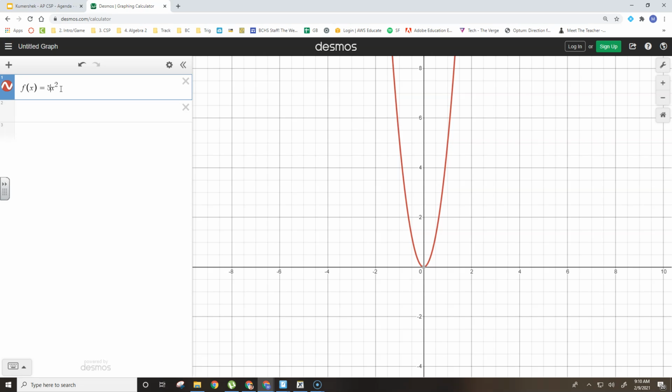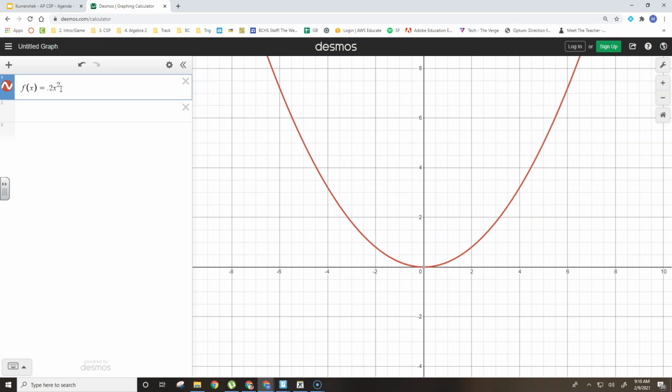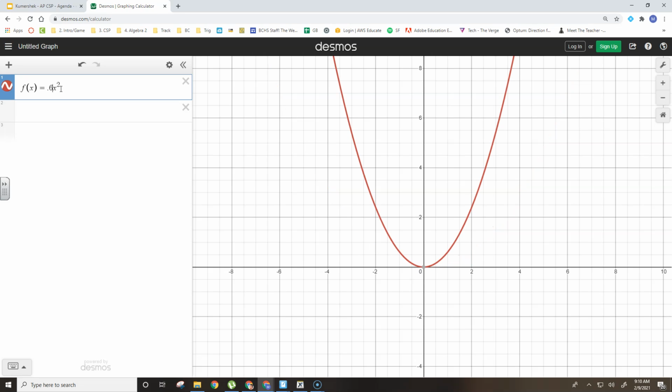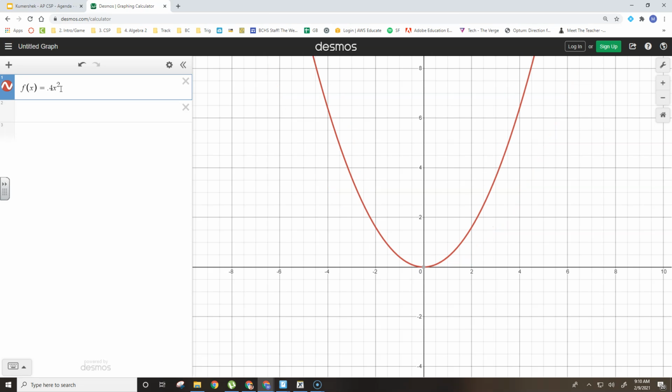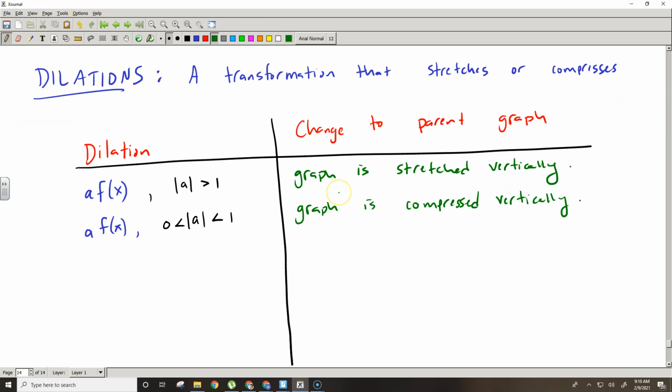However, if I make the a value like 0.1, then you can think of it as a vertical compression. It's kind of being smashed, right? Let's start at 0.6, then 0.5. The closer we get to 0, the more compressed vertically it is. And you can also think of this horizontally as a horizontal stretch even. So that's what it looks like on Desmos.